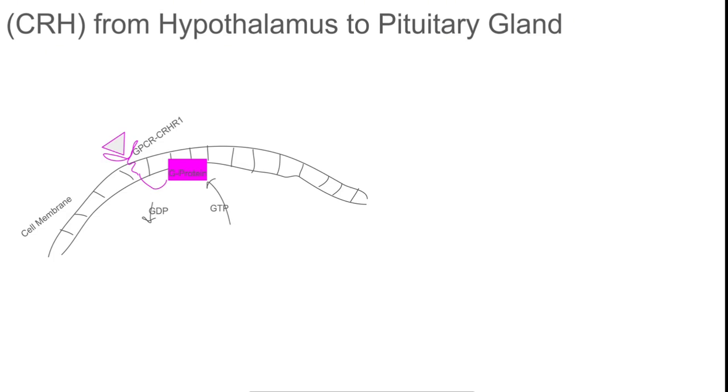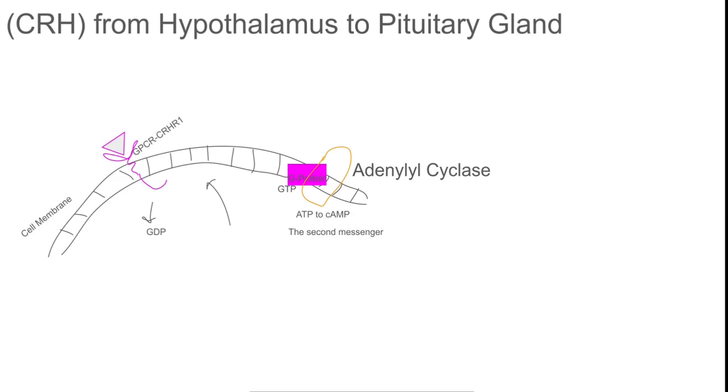This effectively will power the G protein and allows it to move along the membrane and towards adenylyl cyclase, where once it binds to adenylyl cyclase, ATP gets converted to cAMP, the second messenger.